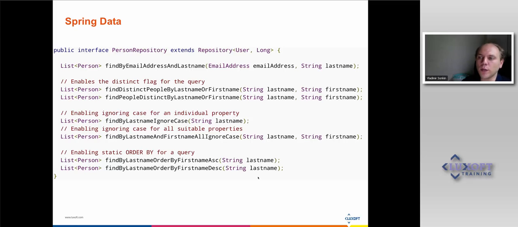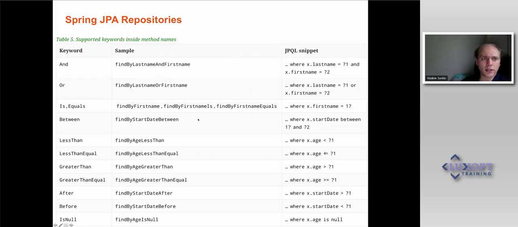And we do not have to create these methods. We just have to specify the names of these methods in the interface, and then the implementation will be provided by Spring. And here you can see the supported keywords in the methods.